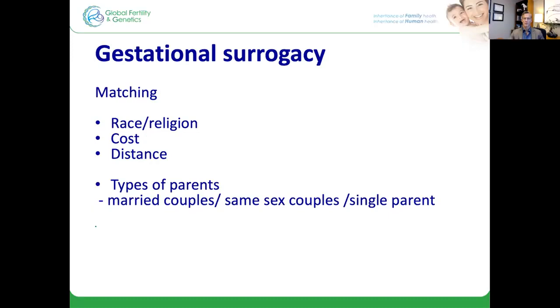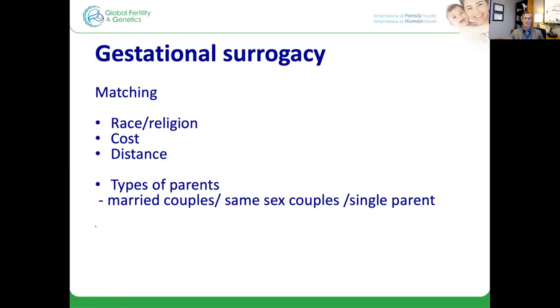The distance between the surrogate and the patient, if it's easy for them to reach the surrogate, to see her, and this depends on the degree of involvement the intended parent wants to have with the surrogate. The surrogate will also have a say in the matter if she wants to carry the baby for that couple.